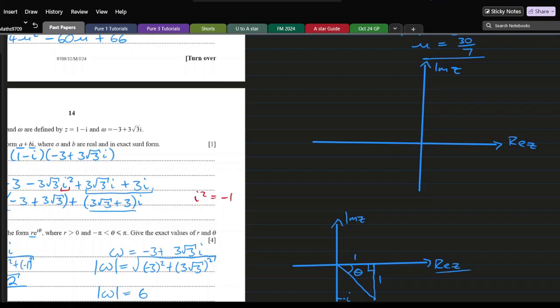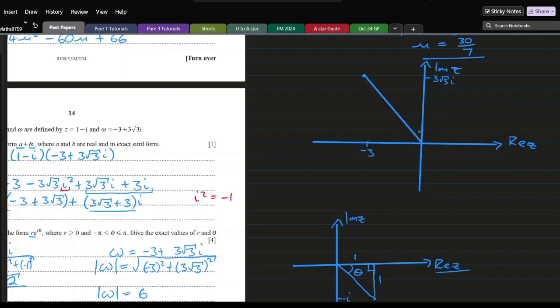Our complex number is negative 3, so 1, 2, 3, we'll say negative 3 is somewhere here, and then 3 root 3i is somewhere here. It means our complex number would be here. Let's draw a line going to our complex number.